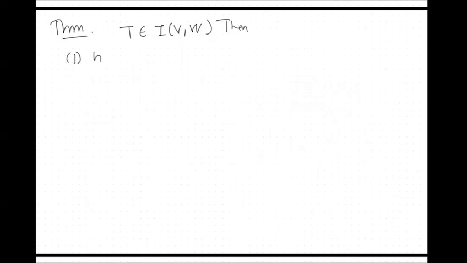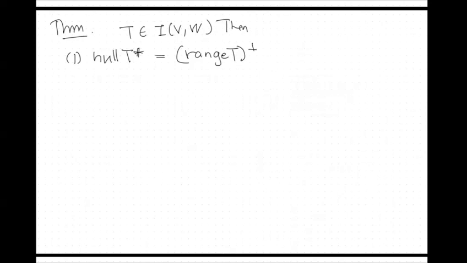The null of T star is just equal to the annihilator of the range of T, or no, it's not the annihilator, this is the orthogonal complement.